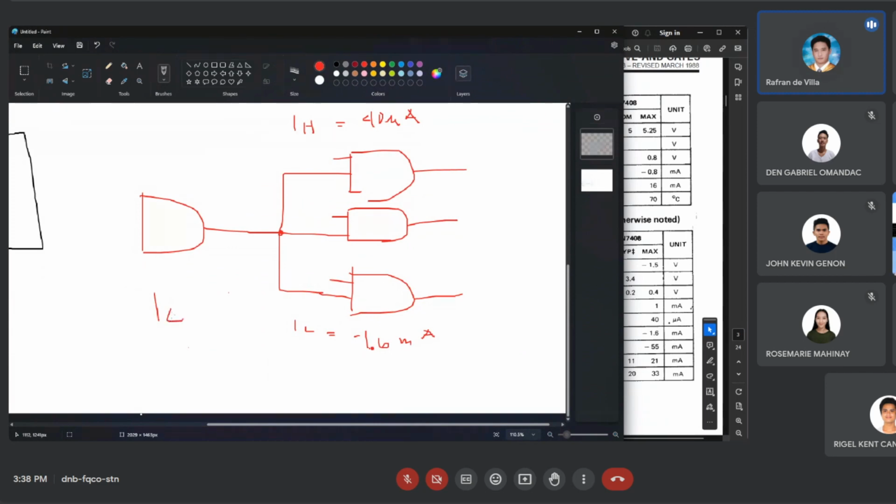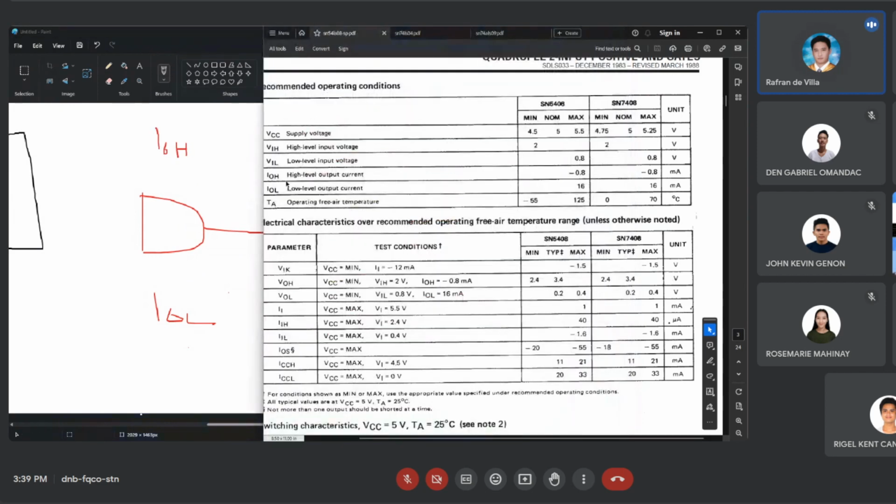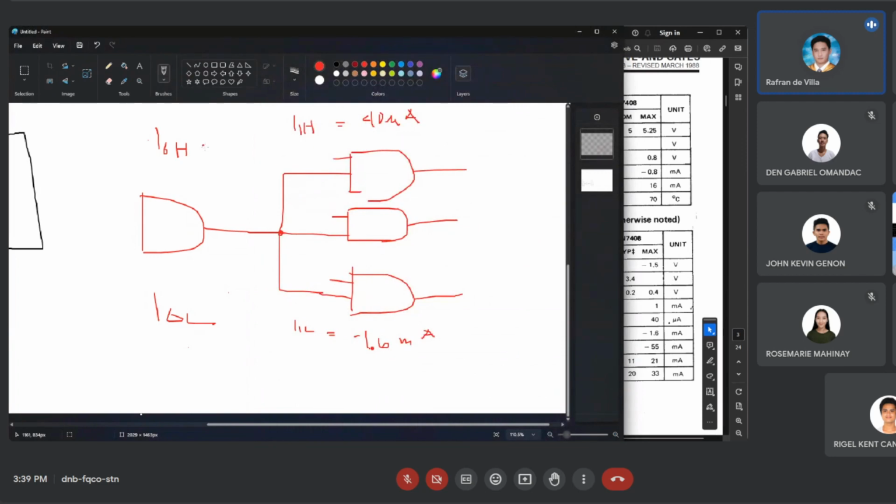For IOL and IOH: IOH is 0.8 and IOL is 16 milliamps. Okay? So that's how you solve this, to come up with a value of 10.